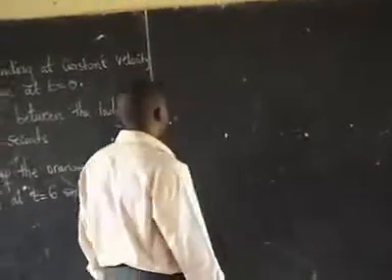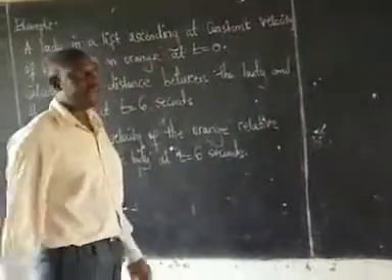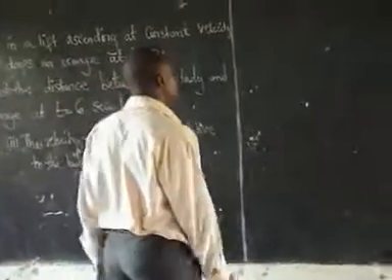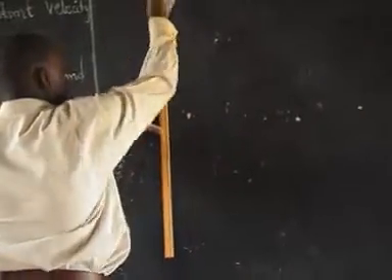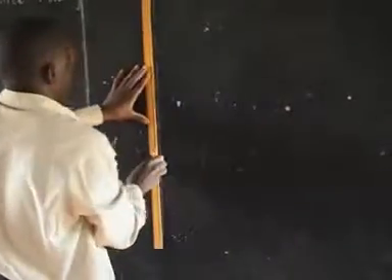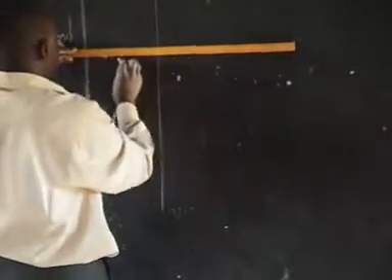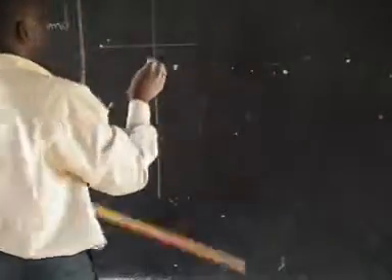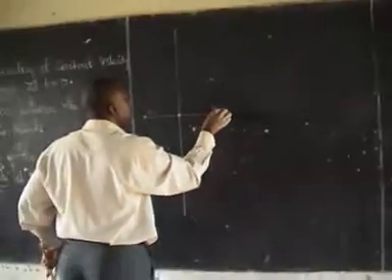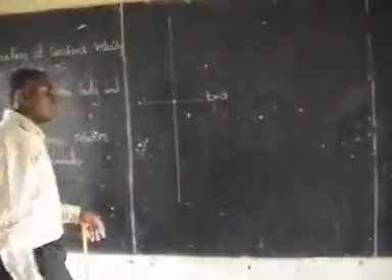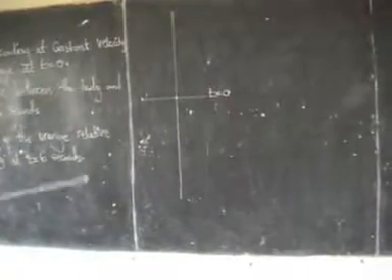So there is no need for us to draw a real lift. I can just use a point at t equals 0. Let this be the point at t equals 0 when the lady drops the orange.